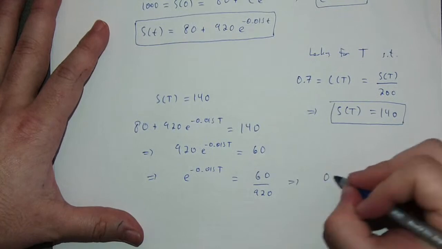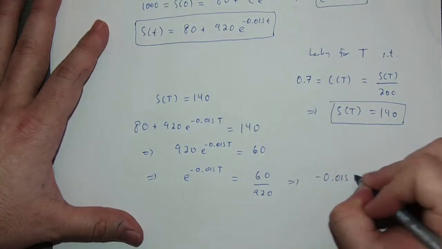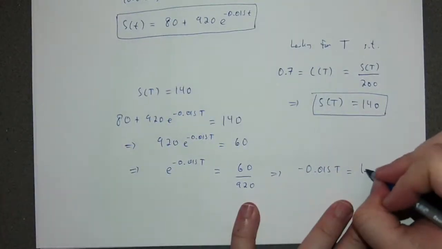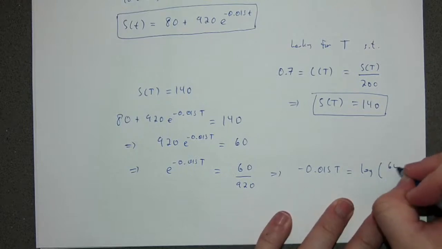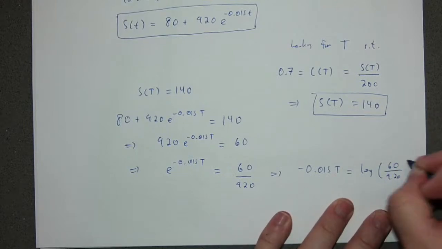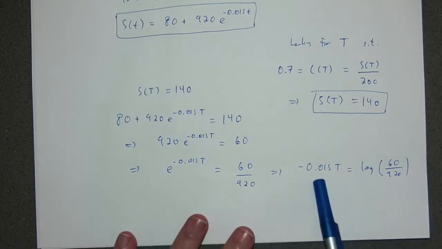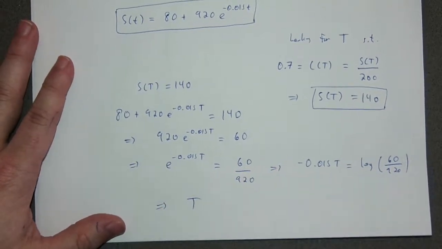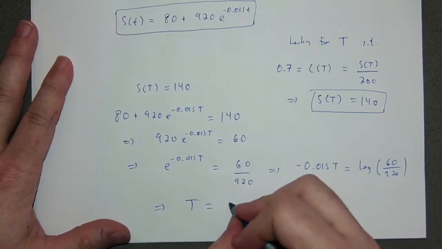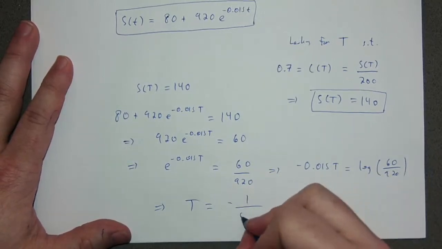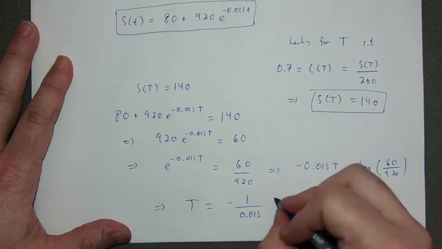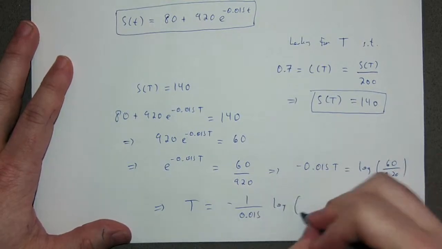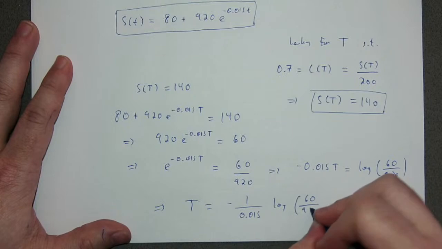I get that minus 0.015 big T is equal to the log of 60 over 920. Divide both sides by minus 0.015. And I get that my time, big T, is minus 1 over 0.015 times the log of 60 over 920.